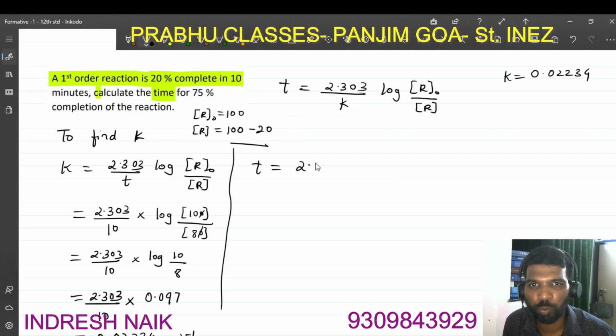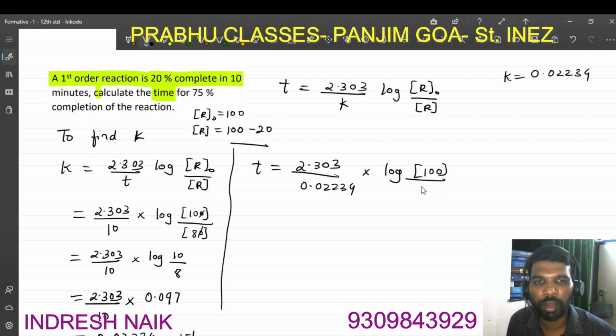T is equal to 2.303 divided by K, which is 0.02234, into log of R0 by R. I'll consider R0 to be 100, and R is when 75% is completed.